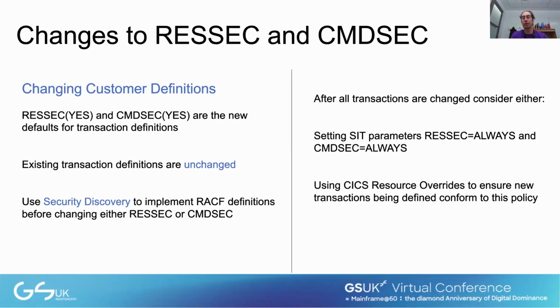When you've got to a point that you are happy with ResSec, CommandSec settings, then really you should consider changing your SIT values over to always, which then means that any new transactions or any changes to those transactions will be required to make resource and command security checks.